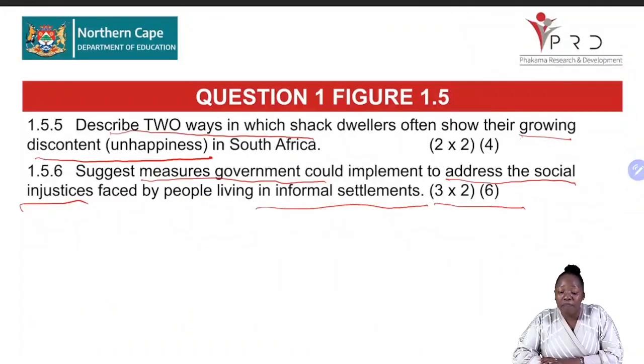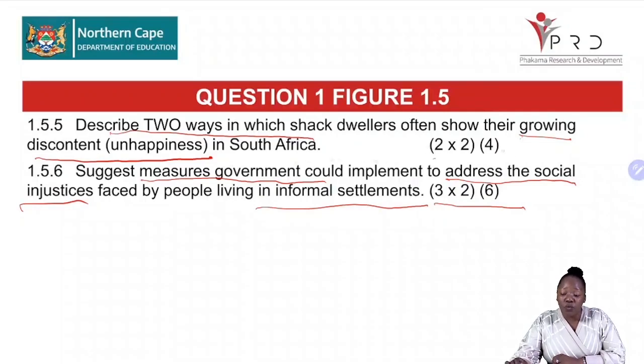Girls and boys, I believe that you are done. So now let us move to question 1.5.5 up to 1.5.6. I'm going to give you 10 minutes to work on these two questions because you still need to describe the two ways in which the shack dwellers show their unhappiness. In which ways do they do so in South Africa? It's the 2 times 2, meaning you need 2 responses that will give you a total of 4 marks.